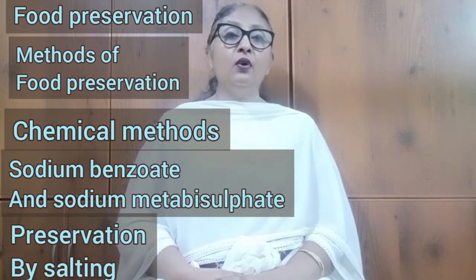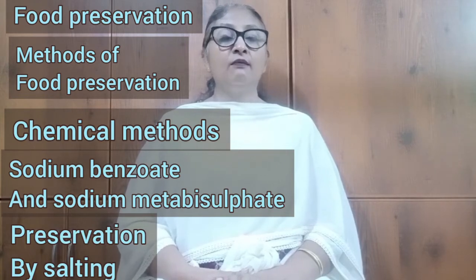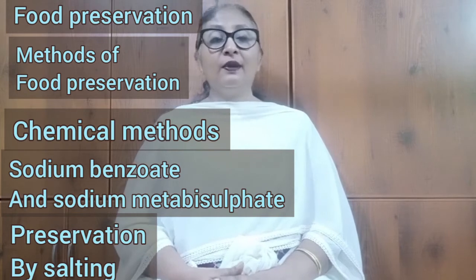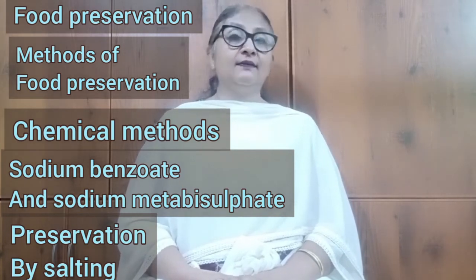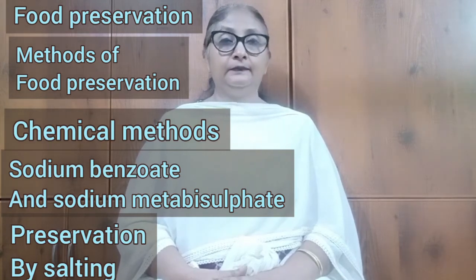Salt is a very good preservative. It is rubbed on fish, meat, etc. and sun dried. This is to prevent the growth of microorganisms and to reduce the moisture content.